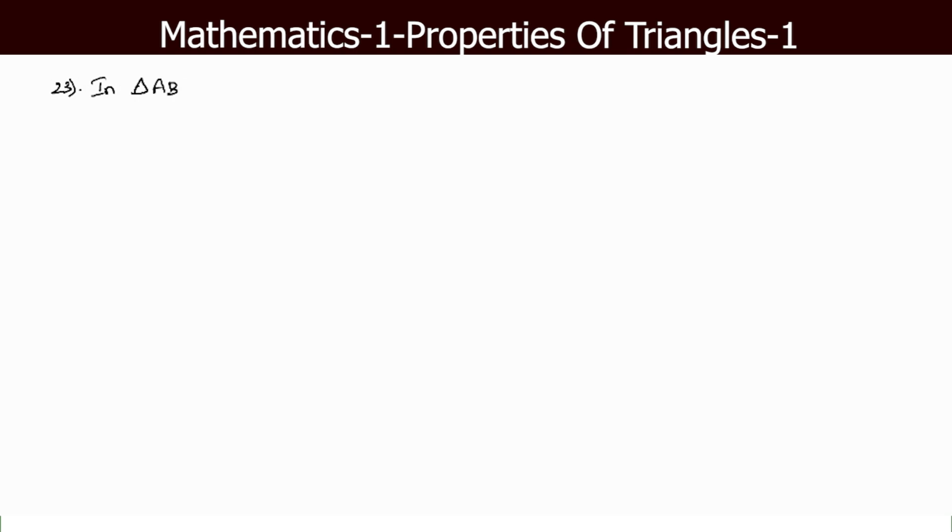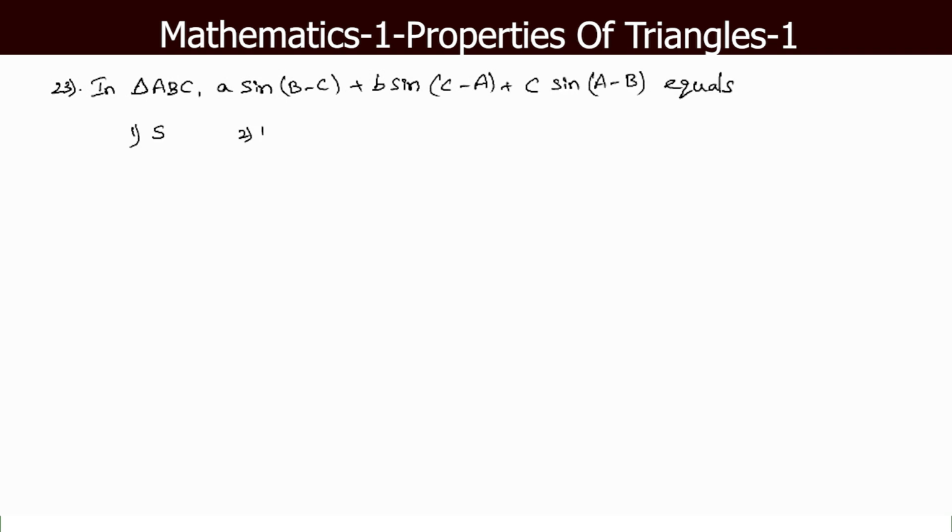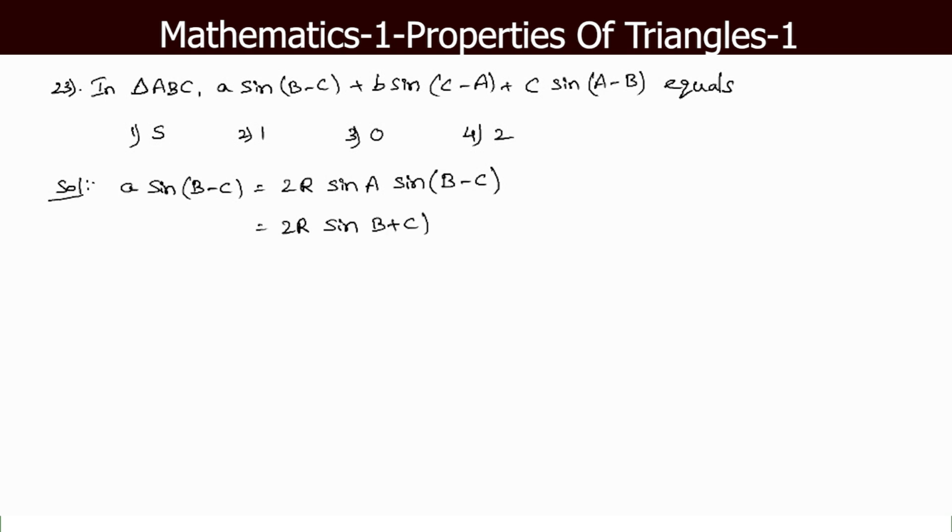Next, 23. In triangle ABC, a sin(B − C) plus b sin(C − A) plus c sin(A − B) is equal to: 1) 1, 2) 2, 3) 0, 4) 2. Now, a sin(B − C) is equal to 2R sin A into sin(B − C). So, that is 2R sin(B + C) into sin(B − C).